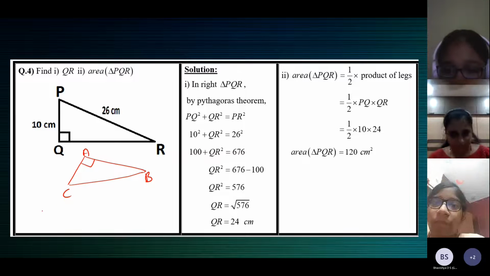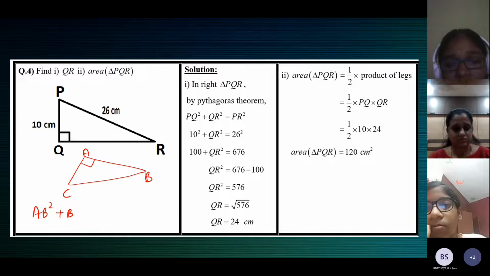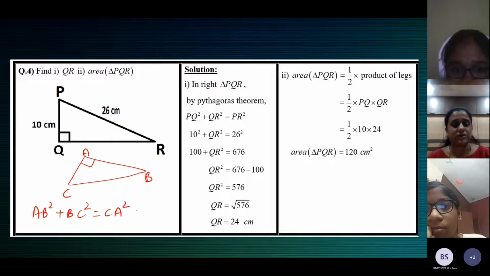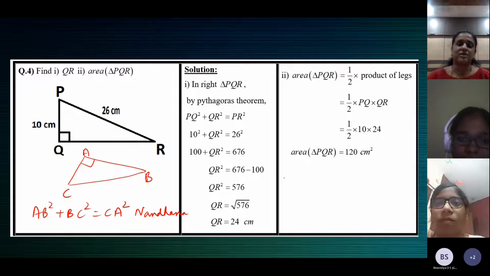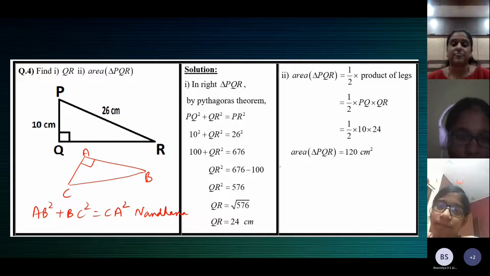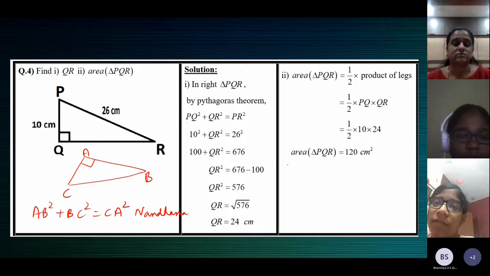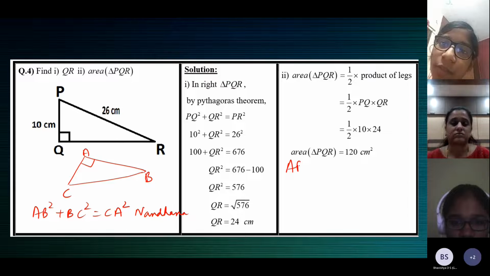Yes, Nandana. Ma'am, AB square plus BC square is equal to CA square. Okay, this is by Nandana. Okay, Swati, I don't want any explanation, I just want the result. AB square plus AC square equals CB square.